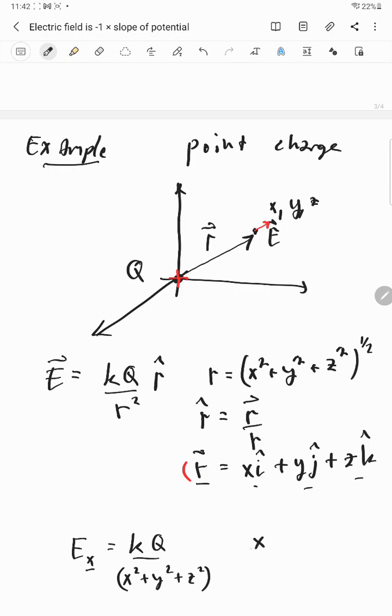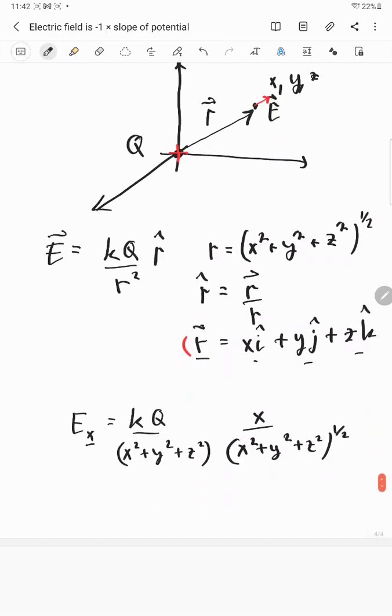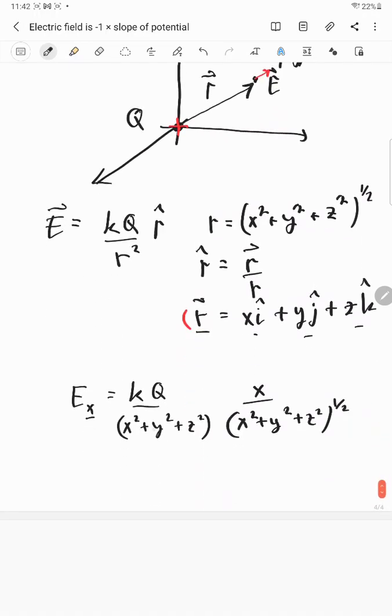So that's x over, and don't forget that the r hat vector divides by the length of r. So that's x squared plus y squared plus z squared on the bottom with a factor of 1/2, right? So this is the electric field in the x direction.